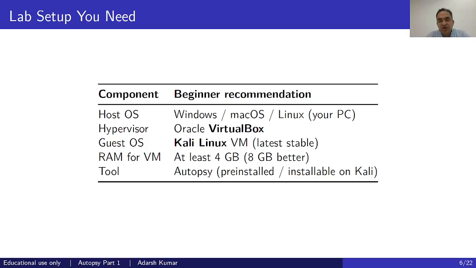Autopsy should be available on Kali, either already installed or installed through apt or our installation scripts. Also take a VirtualBox snapshot before labs so you can roll back if something breaks. This setup keeps your learning isolated and safer, because practice stays inside the virtual machine instead of your real host disk.